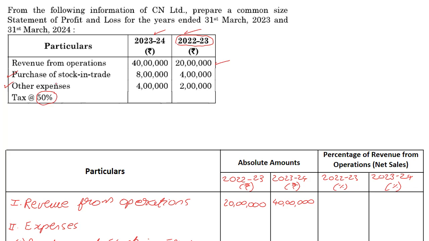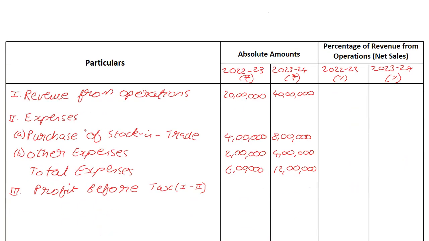So we write Roman 4, less tax at 50%, and subtracting that, we get profit after tax.